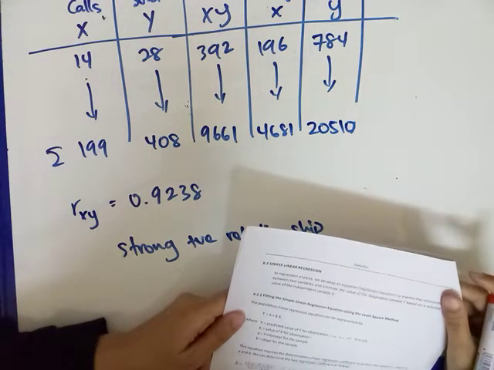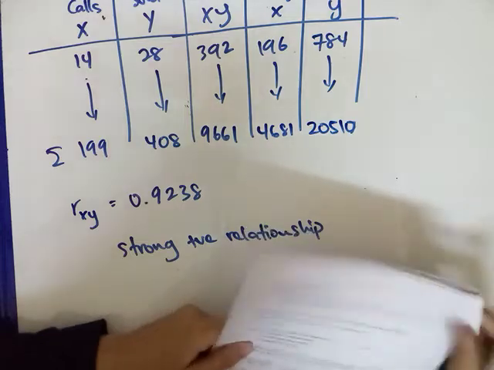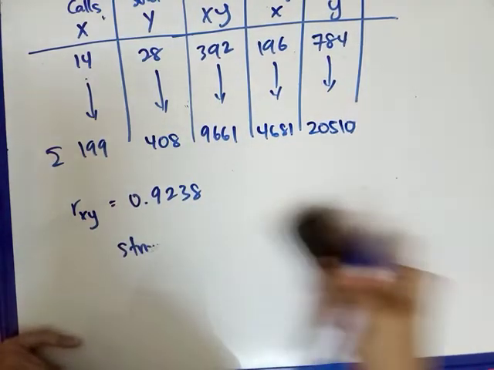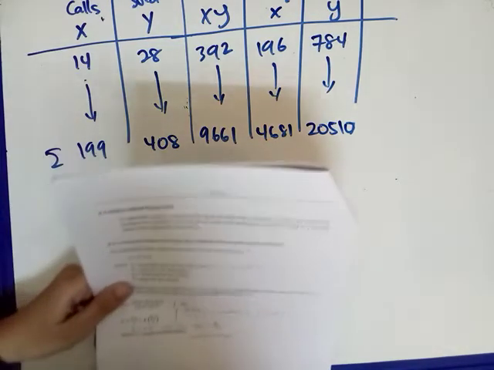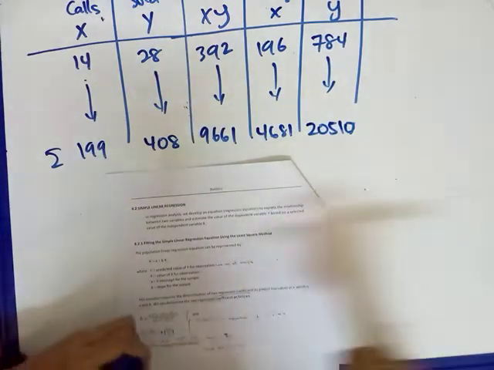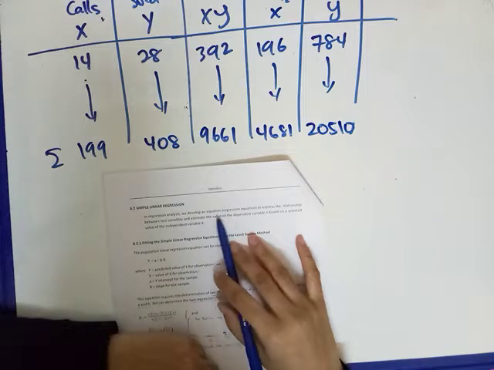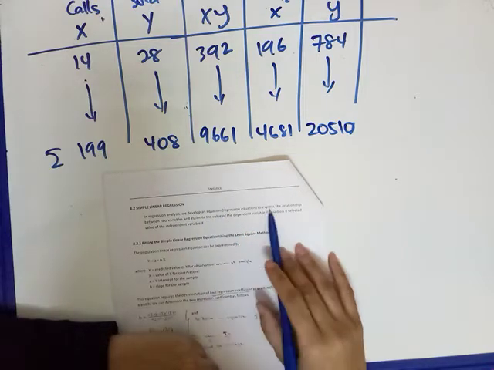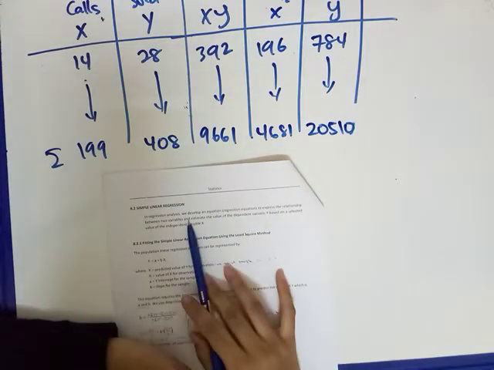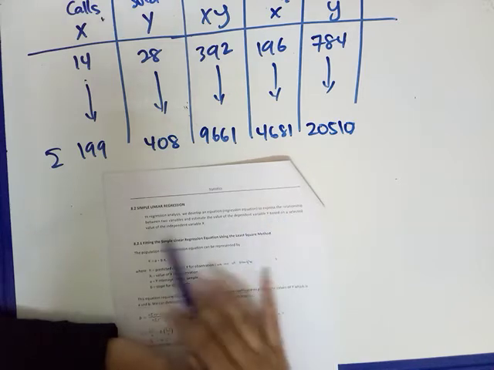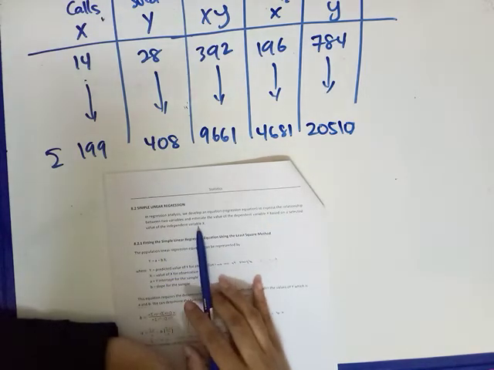Next, simple linear regression. In regression analysis, we develop an equation to express the relationship between two variables and estimate the value of the dependent variable y based on a selected value of the independent variable x.